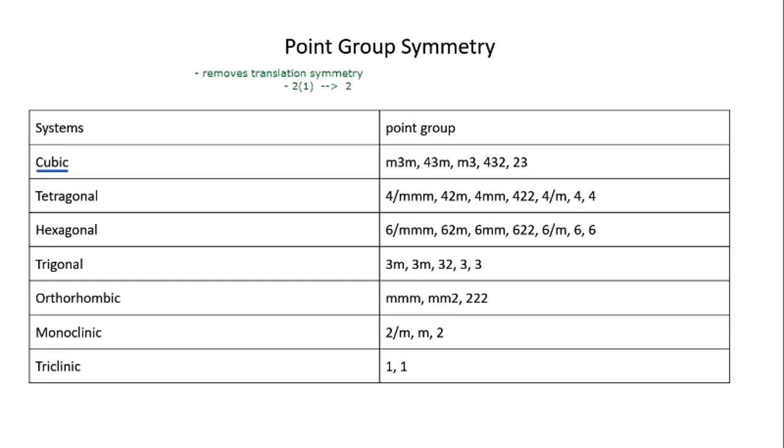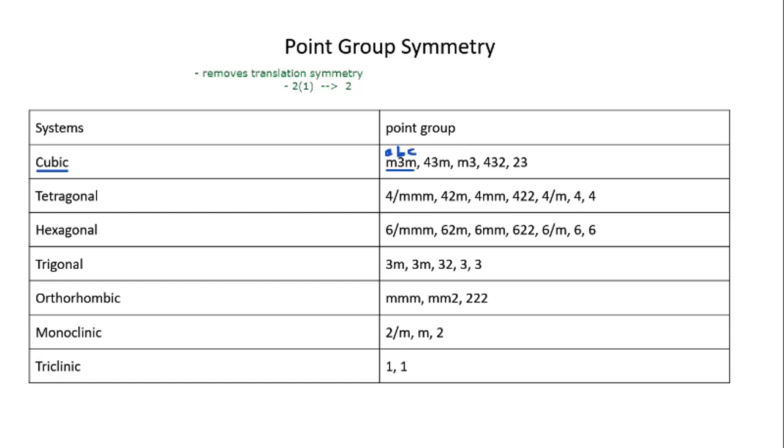So for cubic, one of them is m-3m. So when you see 3 symmetry elements in a row, this represents the a, b, c axes. Because for cubic, you have all the axes listed.